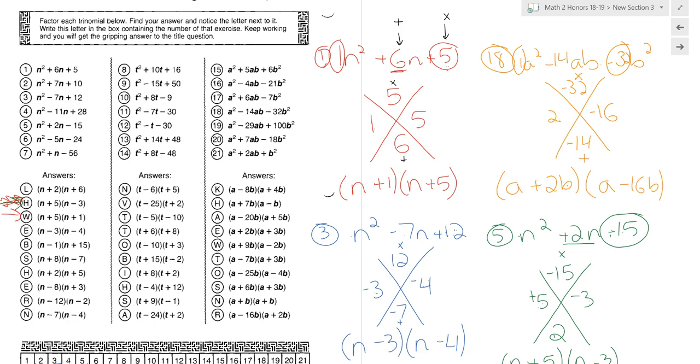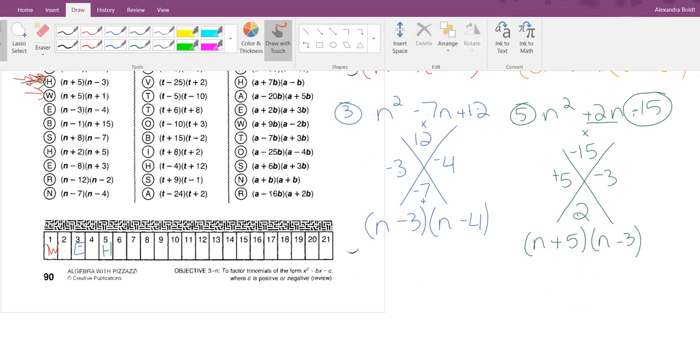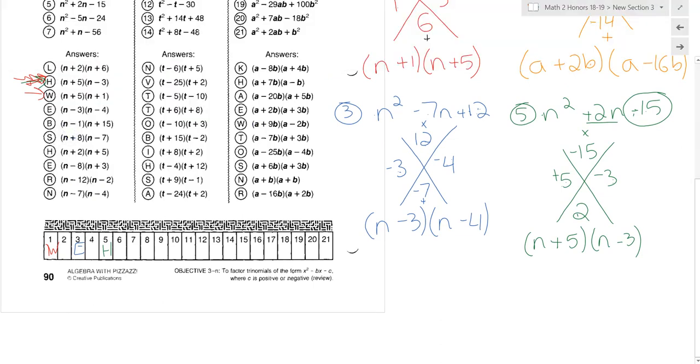So it's A plus 2B, A minus 16B, and that is R. So number 18 is R. All right, and that is it for that one. Go ahead and work on the rest of page 90.